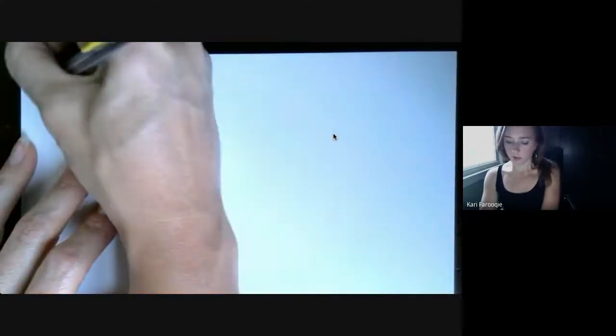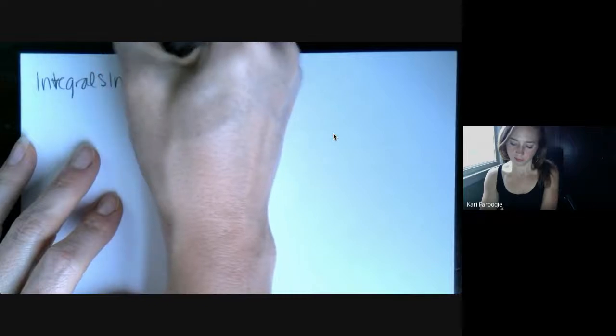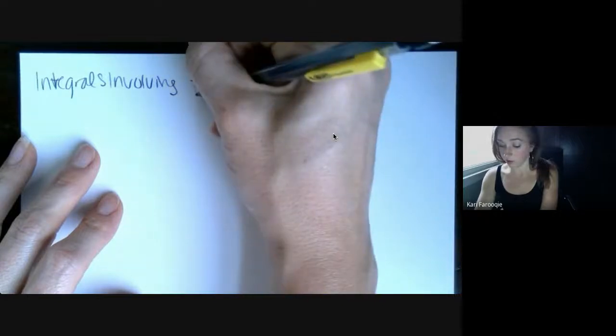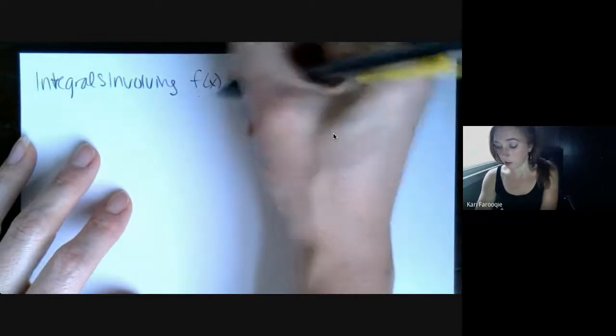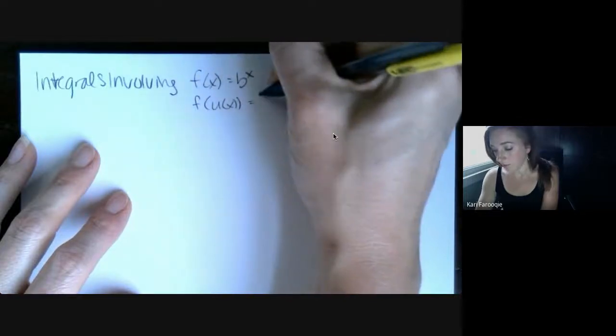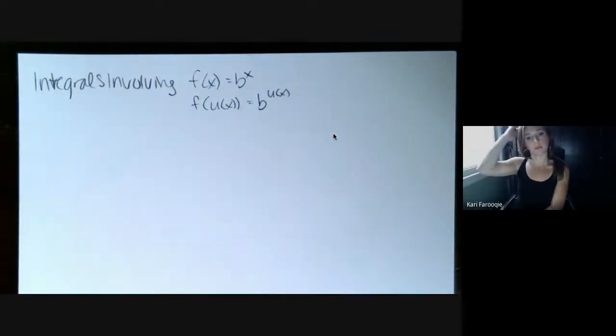Okay, so the next two examples are going to use this formula. We're going to do integrals involving f of x equals b to the x, or technically it could be b to the u, so f of u of x is b to the u of x, something like that.